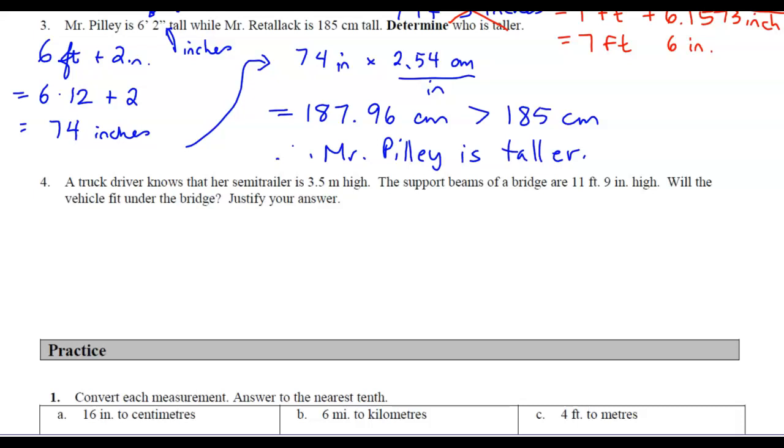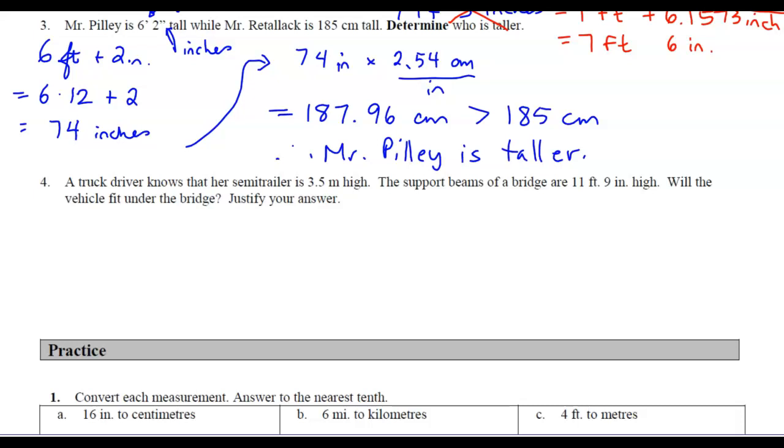Okay, so a truck driver knows that her semi-trailer is 3.5 meters high. The support beams of a bridge are 11 feet 9 inches high. Will the vehicle fit under the bridge? Okay, so we need to, again, you decide which one you're converting. Don't do both. So I think in the solutions in the notes, we converted both in case you did one or the other, but you don't have to do both of them, right?